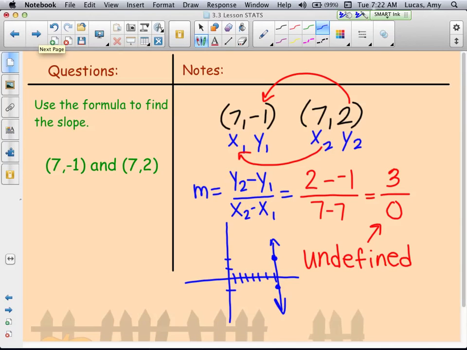So 0 on the top of the fraction means your slope is 0, but on the bottom of the fraction, your slope is undefined. If you put these in your calculator, when the 0's in the numerator, your calculator will give you 0. When 0's in the denominator, your calculator will give you an error message. So the error message means undefined.